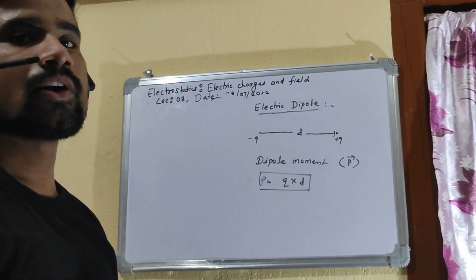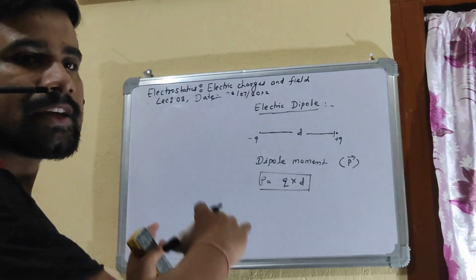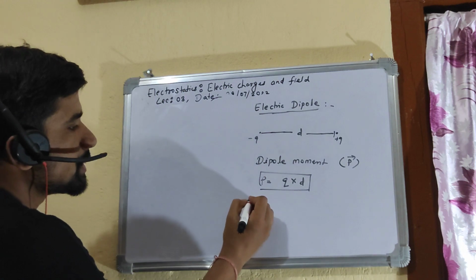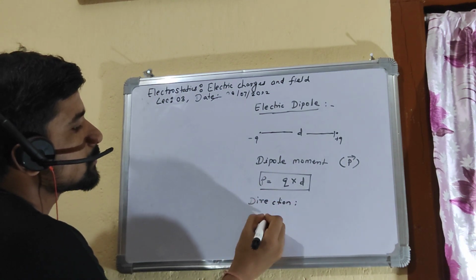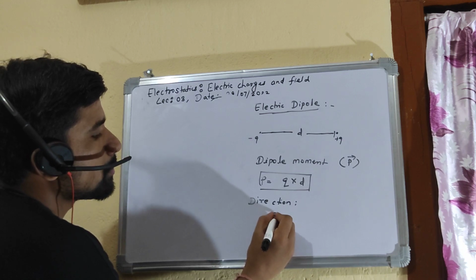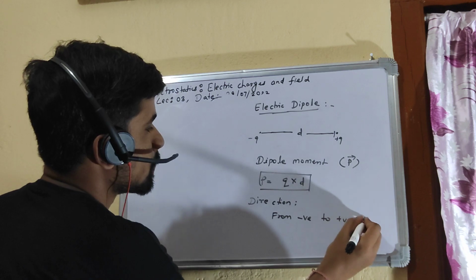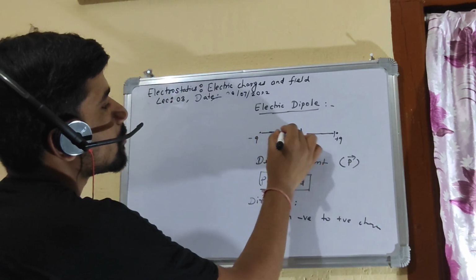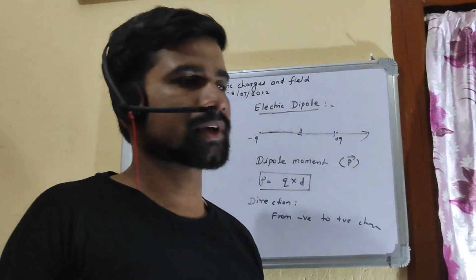And according to the convention, the direction of the dipole moment is always from the negative charge to the positive charge, right? So in this particular example, the direction of the dipole moment is this, right? Okay.